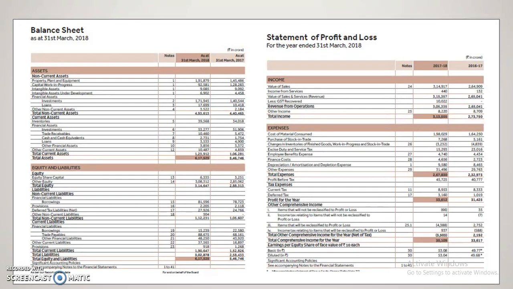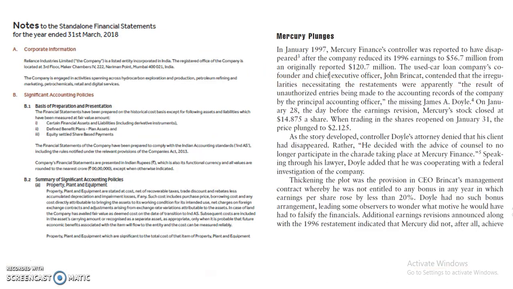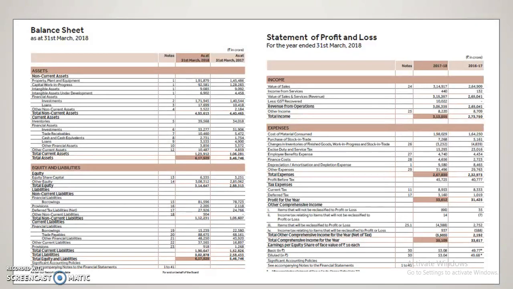In this particular case, there was a company named Mercury in 1997 in the US. The CEO's bonus was linked to the company's earnings per share ratio. So what happened is they inflated the revenues of the company to show better performance, so that the CEO could get the bonus from the company, from the shareholders. But that was not the reality, because they recorded false revenue, false transactions.